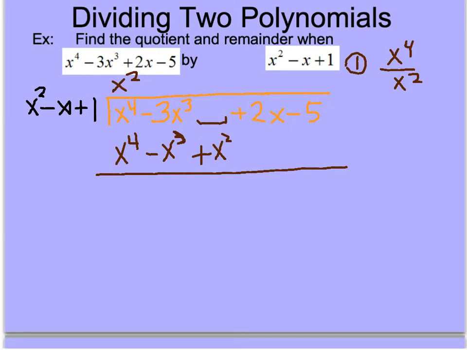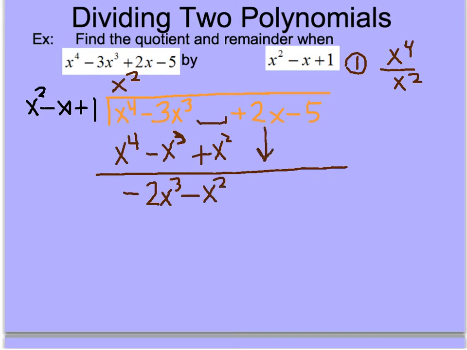And just like before, we're going to subtract. So our x to the fourth and x to the fourth subtracted go away. Negative 3x to the third minus a negative x to the third gives us negative 2x to the third. And then nothing minus x squared gives us negative x squared.